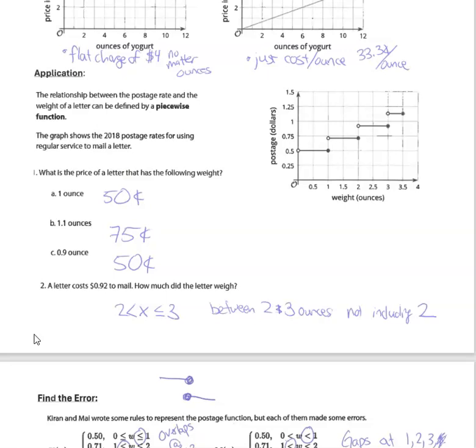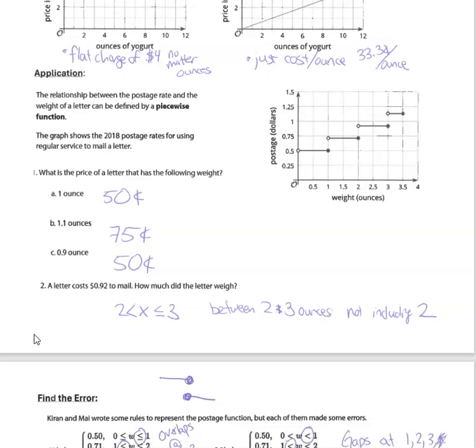And since at 1, the dot is closed at the 50 cents, then that means it is going to be 50 cents. 1.1 is going to come from the next step, which I'm calling 75 cents, but it looks like it's down from that, about 74 cents. And then 0.9, if you do an input of 0.9 and you go up, you are going to see that it hits the step that is 50 cents.